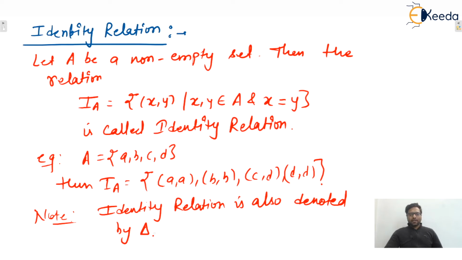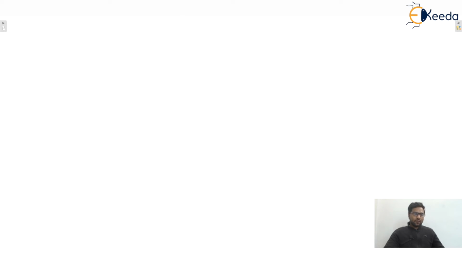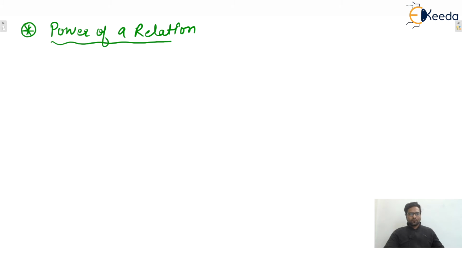Okay, the next one is the power of a relation. We'll see what is the meaning of the power of a relation. That is R raised to power n. Remember, R raised to power 0 is the identity relation. I already told you why it is identity, and I will clarify it.